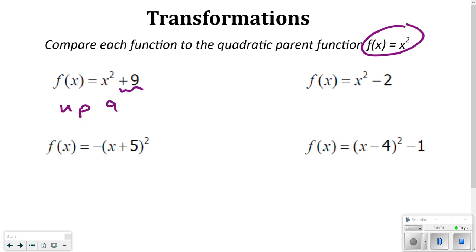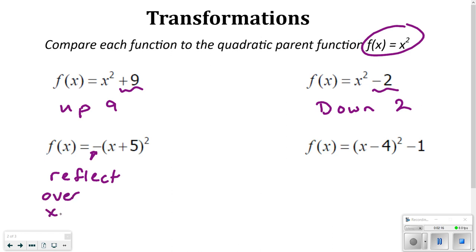It's a translation. If I have a minus 2, that means it's going down 2 units. If I have a negative in front, that means that it is a reflection over the x-axis.